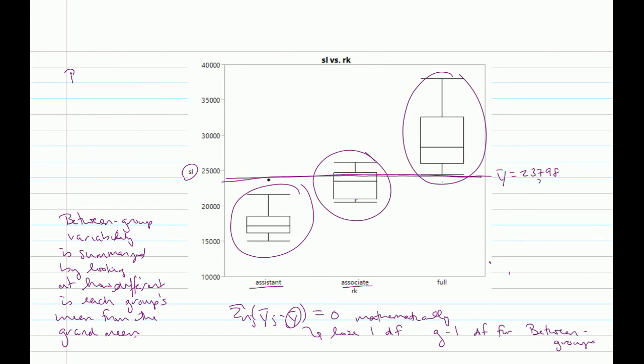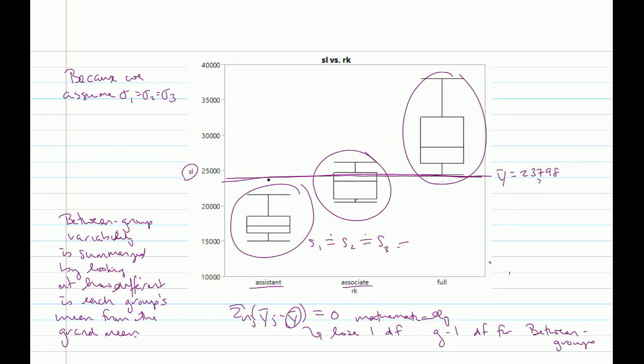And because we assume sigma 1 equals sigma 2 equals sigma 3, we can say this sample standard deviation should be pretty close to the sample standard deviation in group 2, which should be pretty close to the sample standard deviation in group 3.